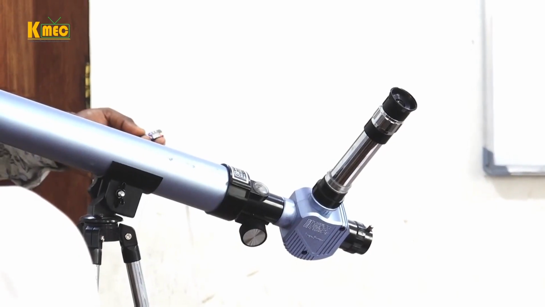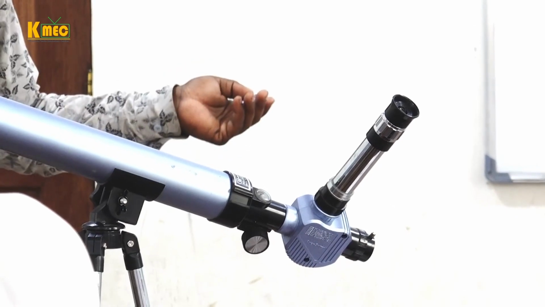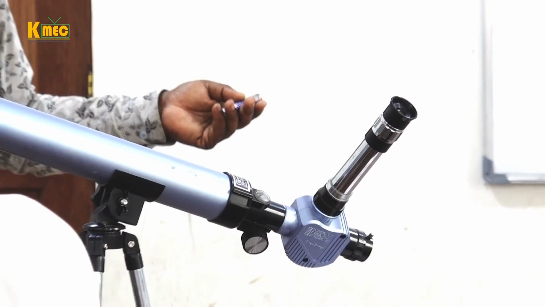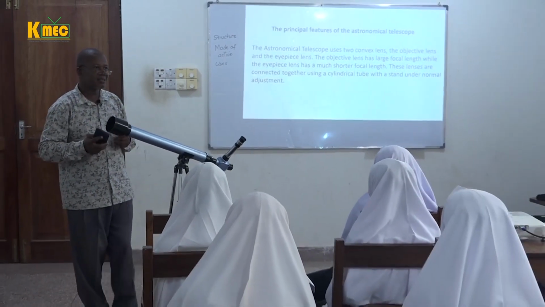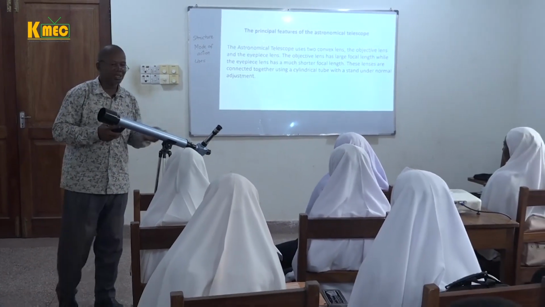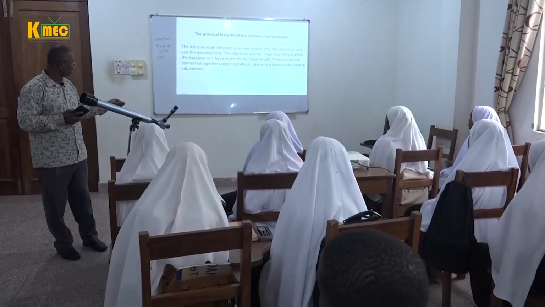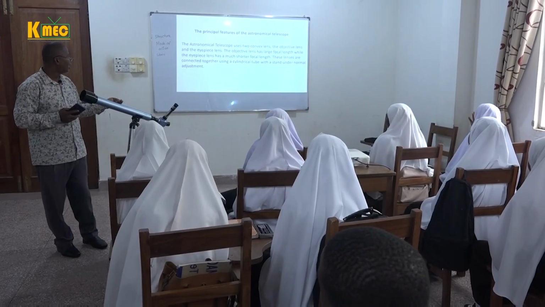Normally, the objective lens has a large focal length, while the eyepiece has a much shorter focal length. We can see the difference between the astronomical telescope and the compound microscope through their focal lengths.